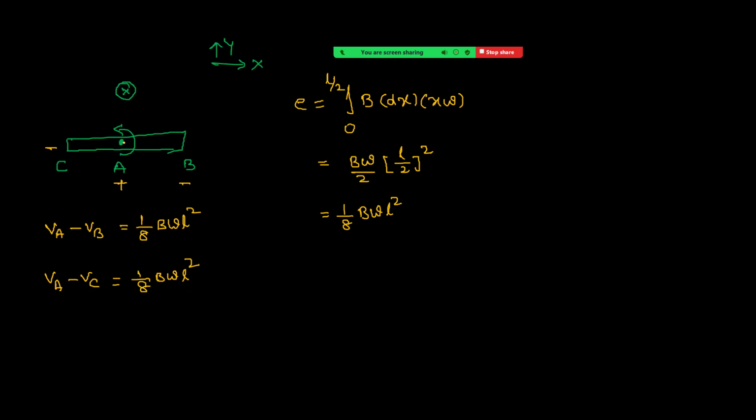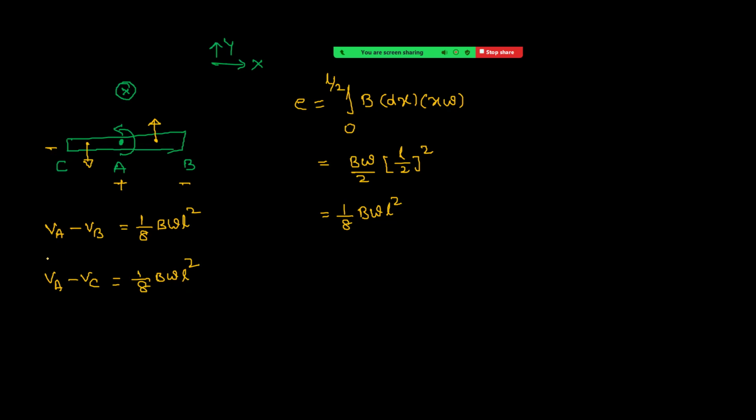You can see here electrons are moving towards the right side. Here for electrons, velocity is along positive y-axis, and here for electrons, velocity is along negative y-axis, right? So the force will be along negative x-axis. This is negative, this also negative, right?